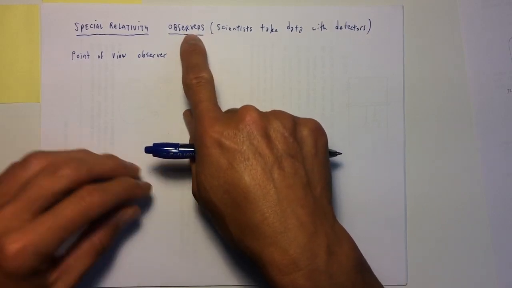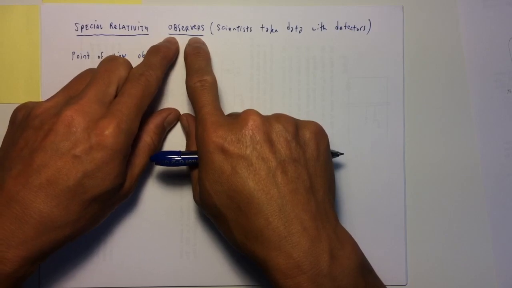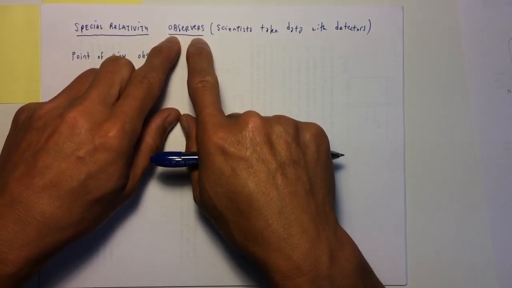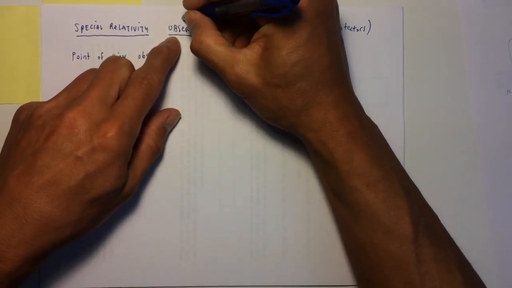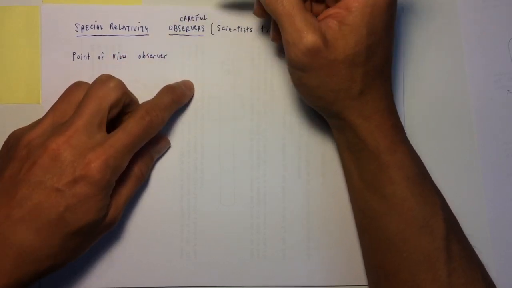And these are the observers, but in special relativity, the idea of an observer is actually quite careful. So we're going to have a careful description of exactly what's meant by having an observer.